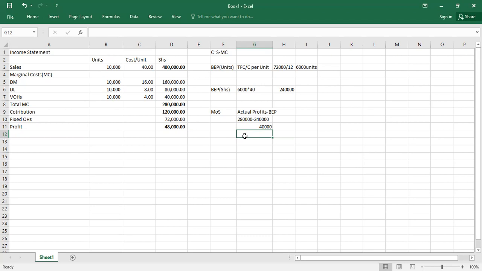Excuse me, sir. Speak English to the class. It's okay. So the total marginal cost is the one that we are using as the profit. Yes, actual profit. That is the actual profit. I've said contribution.